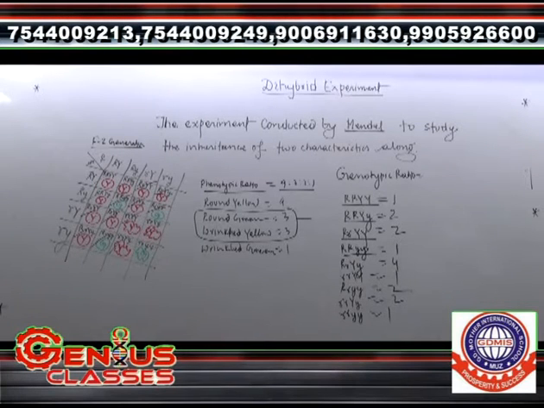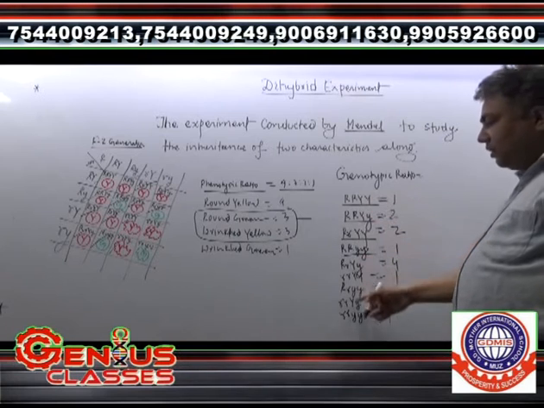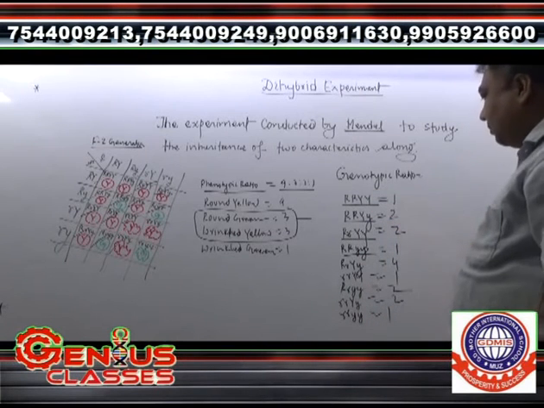So when we mention the genotypic ratio, we will write each genotype, then its number.